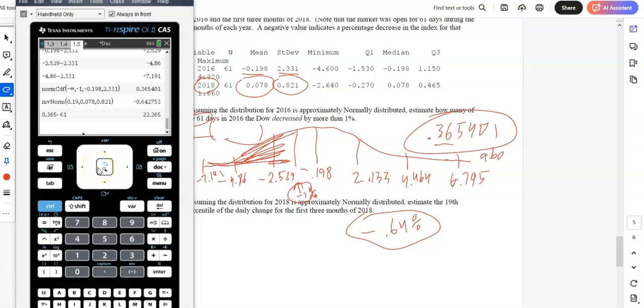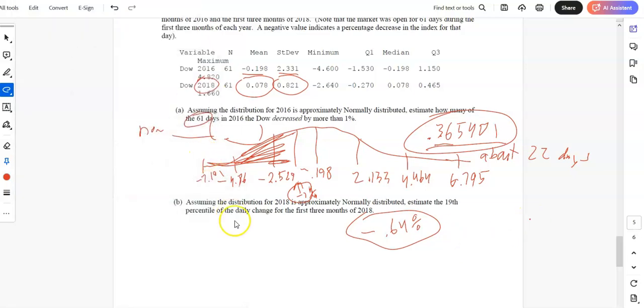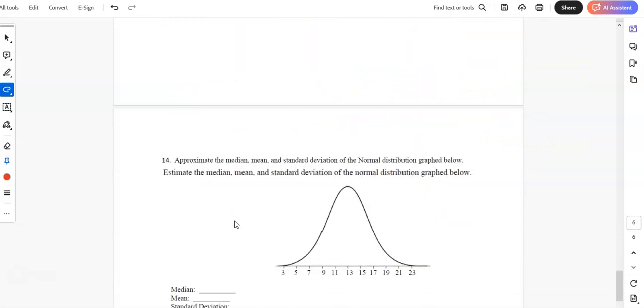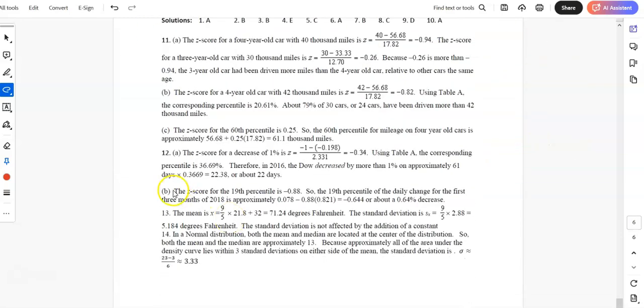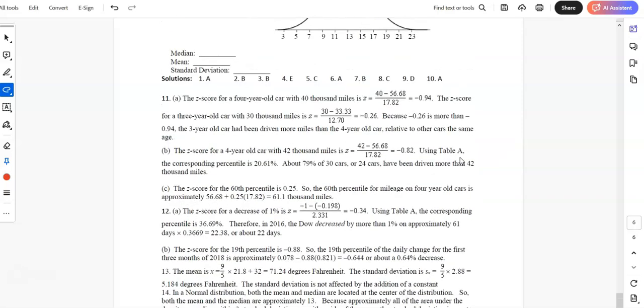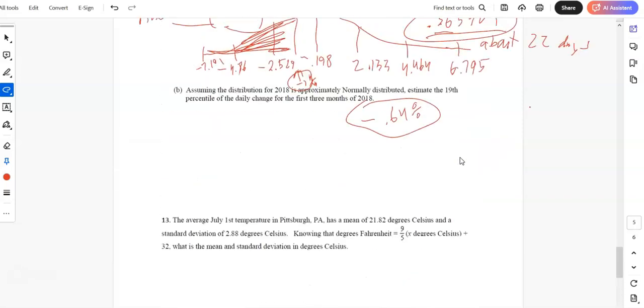So you should always just read the question to make sure you answered it. We did all the right work. We got the right number, but we didn't answer the question. Let's see if we did on the next one. So that's number 12, part B. So about a 0.64% decrease. We did get that one right.